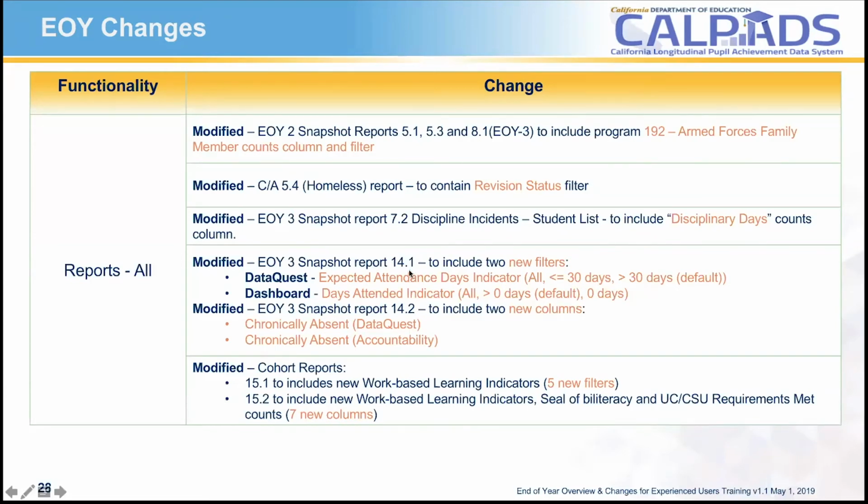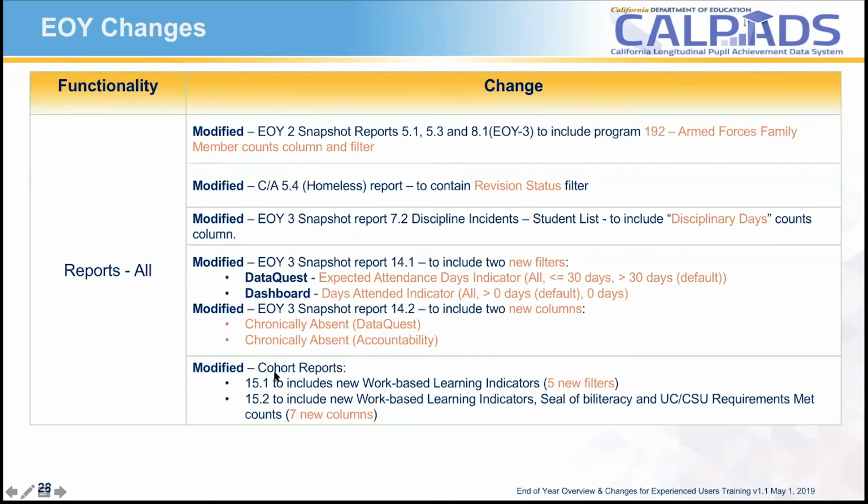Okay, so on 14.1, you will see a couple of new filters, one for DataQuest, another one for dashboard, and for EOY 3, 14.2, you will see 2 new columns. These will have counts for chronically absent that matches DataQuest counts, and another one for accountability, the dashboard.